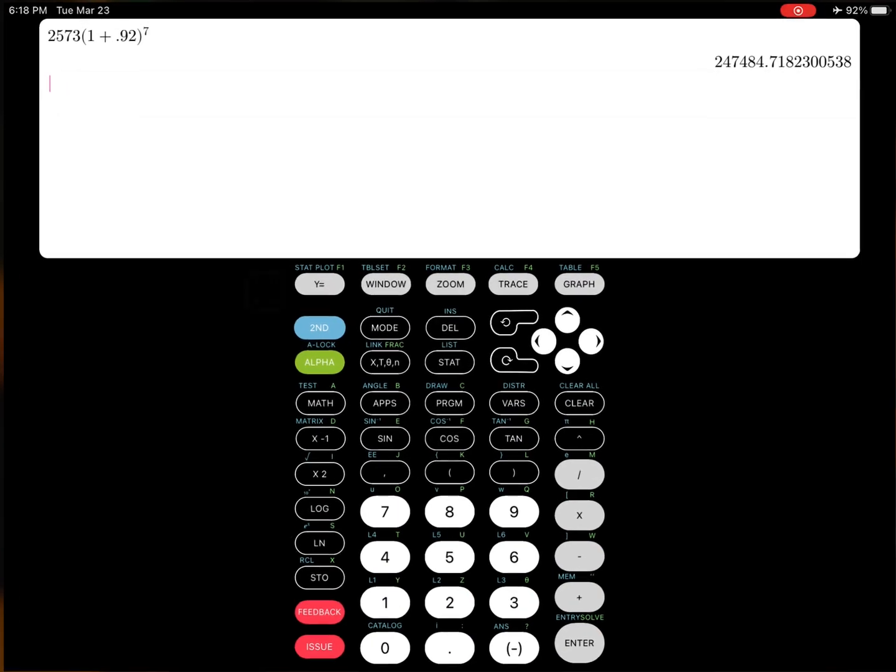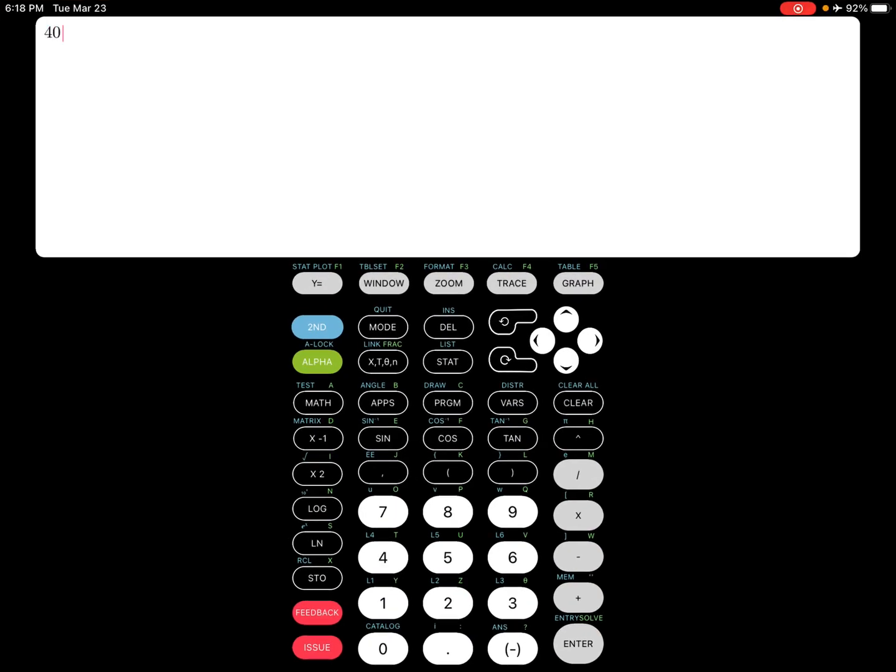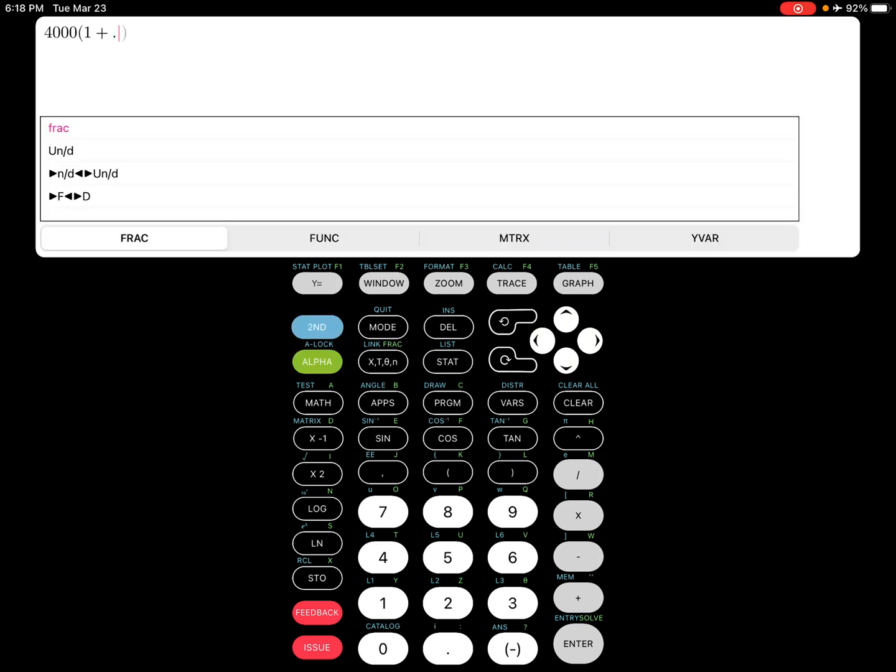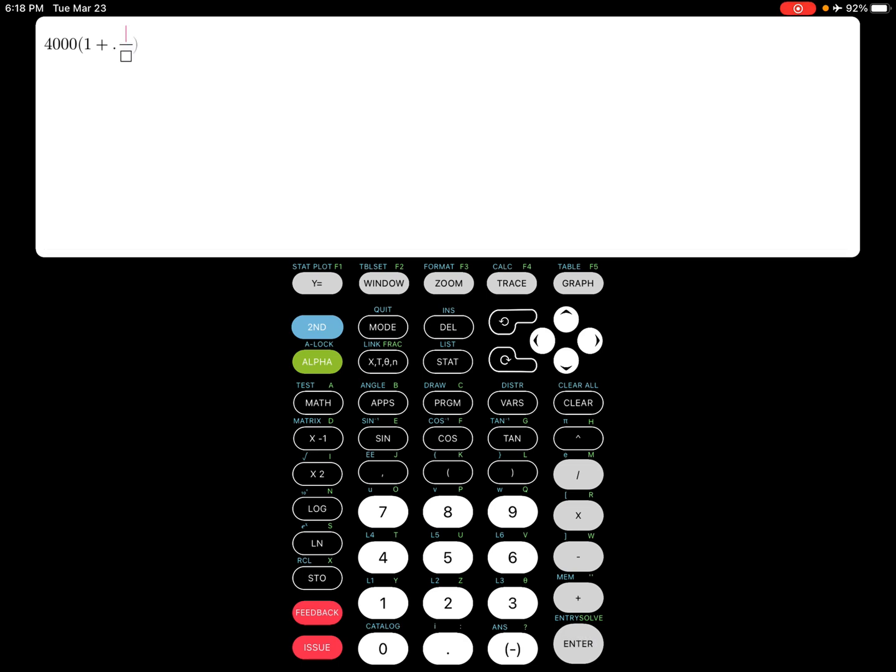So if we put this on the calculator now, start out with $4,000, and we're adding 1 plus our fraction, 0.0292 all over 4, parentheses, and raise it to 4 again for 4 times a year times 1 year.